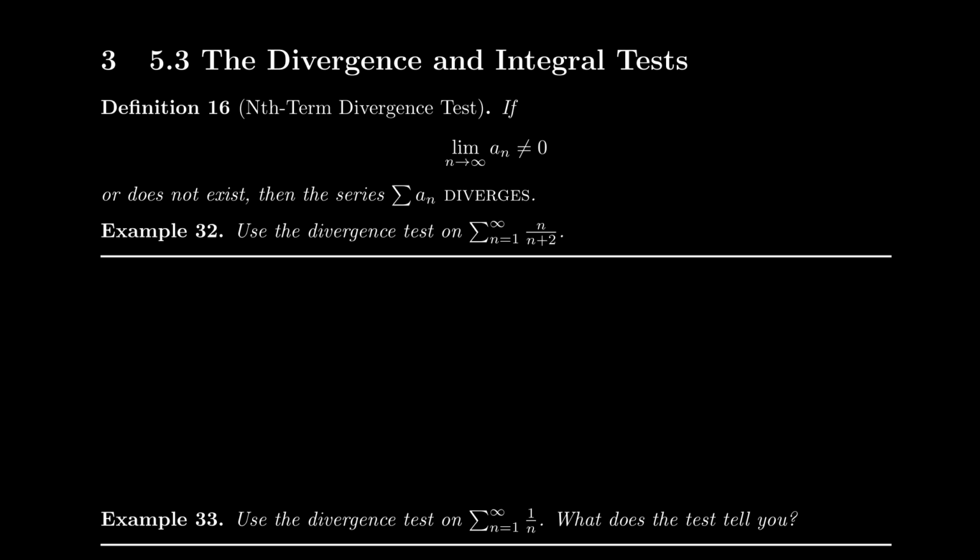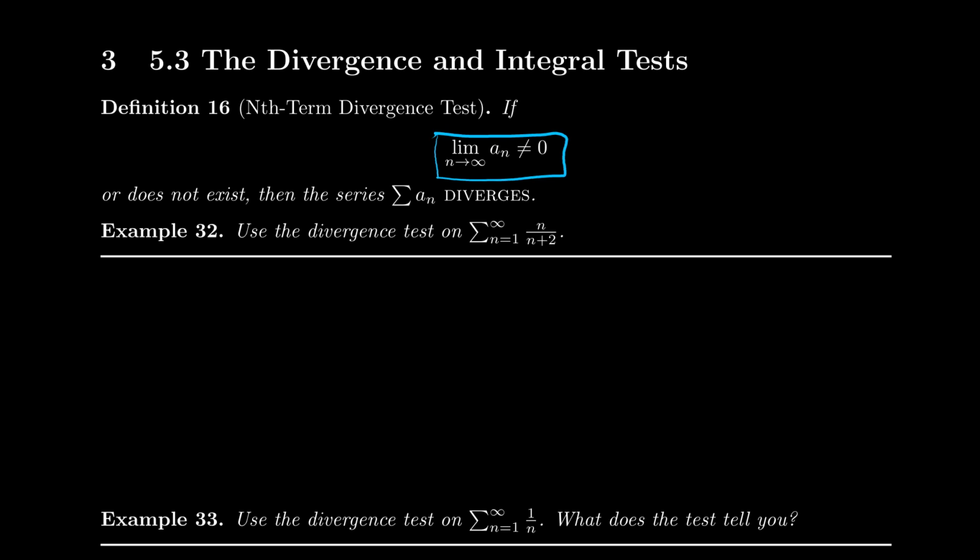The big idea behind all of this is this thing here called the test for divergence, or the nth term divergence test, if you will. The test for divergence says, if the limit of the terms of your sequence isn't 0, or it doesn't exist, then the series diverges. That is, remember, we're not looking at the partial sums for this.